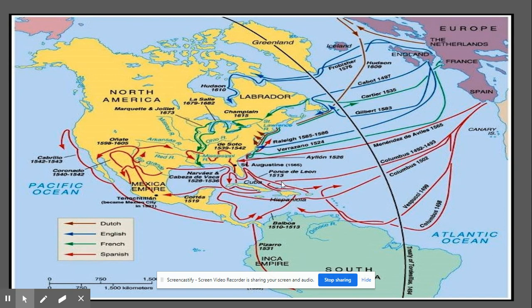He's actually going to land first in the Dominican Republic in what they call Puerto Plata, which is the port of silver. He thought he was in India because that's where he was originally trying to get to, and that is where the term Indians comes from. That's why Native Americans here in America are called Indians: at first he thought he had landed in India, so that's what he called the natives.